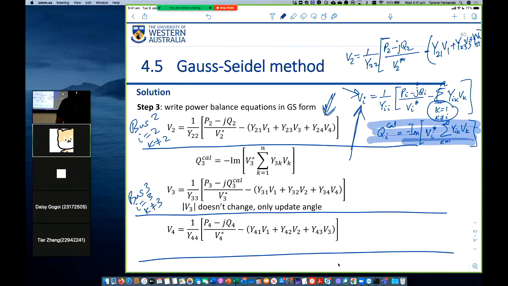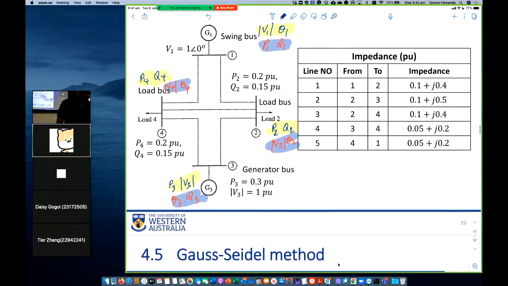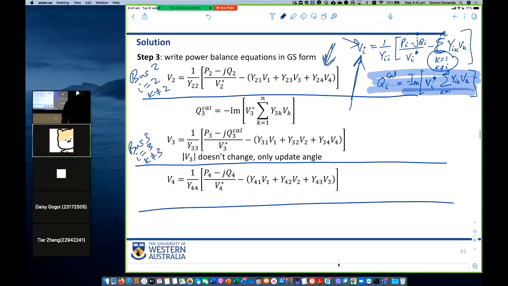So V3 must equal 1 over Y33, P3 minus JQ3 cal, because Q is not known for bus 3. So we need to calculate it. And how do we calculate it?